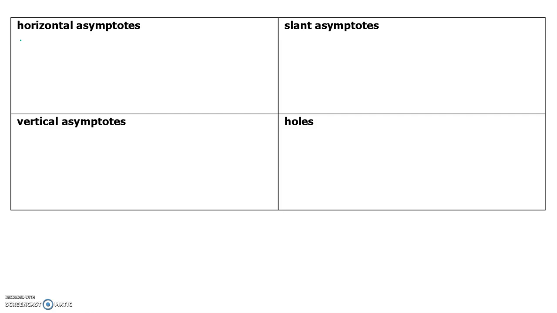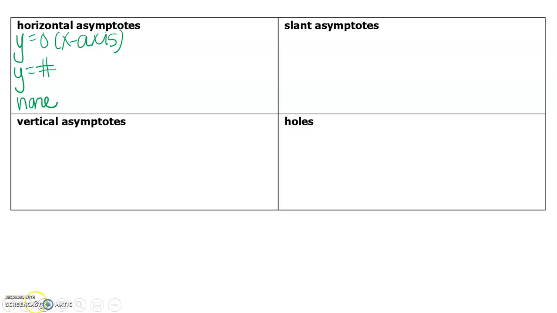It won't have more than one if it's a true rational expression. And your horizontal asymptote can either be in the form of y is equal to 0, basically meaning that your asymptote is the x-axis. It could be y is equal to a number, or there could just be none.